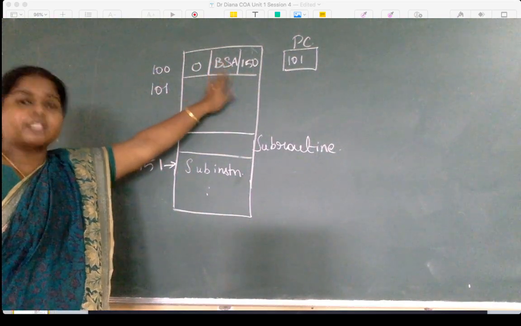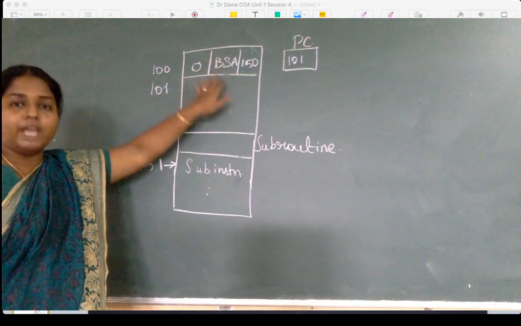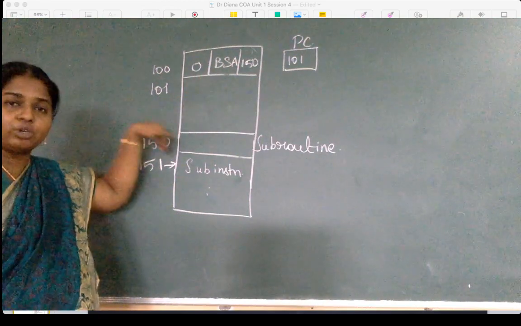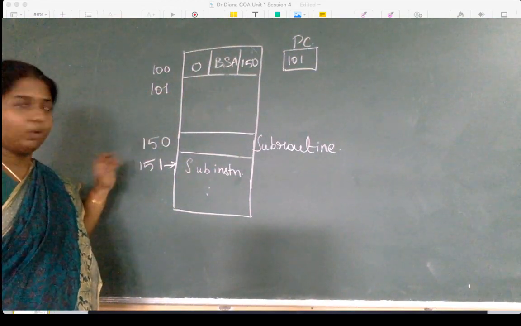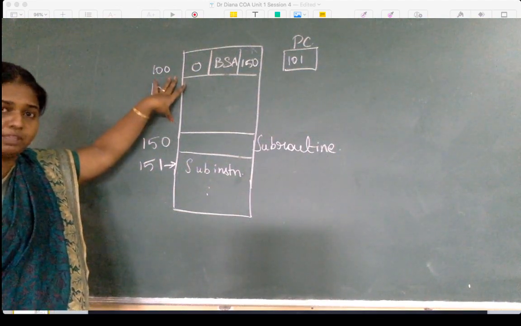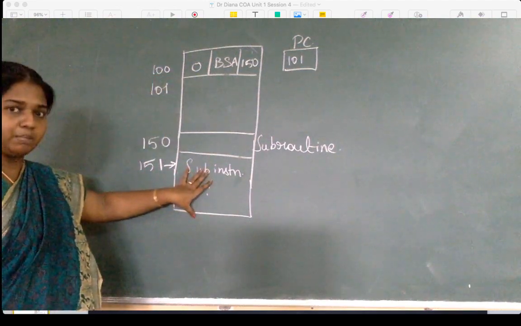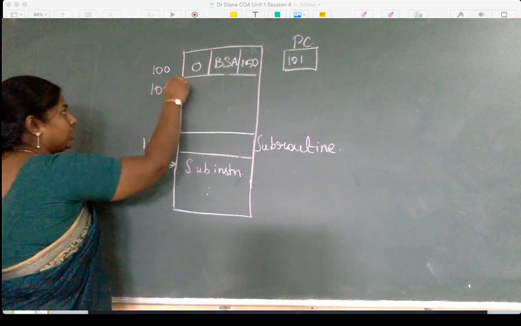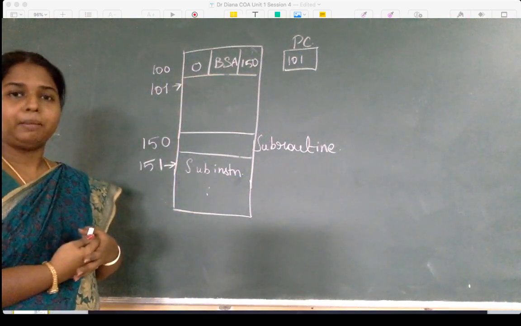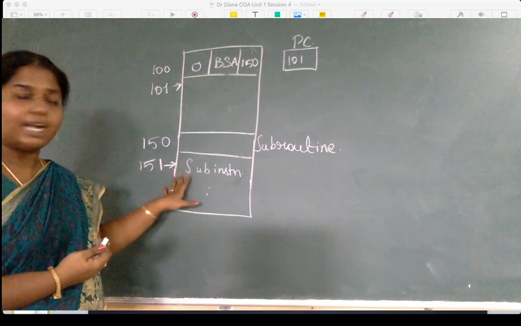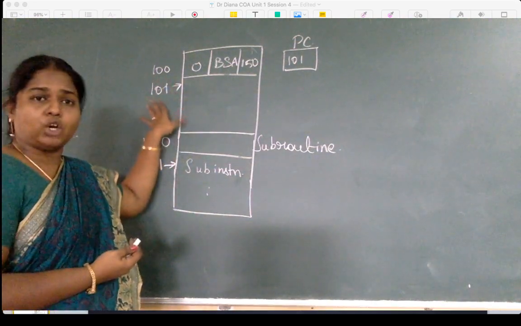The return address is the location or the address to which I should come back and start resuming my main program. So this is my main program. After completion of the subroutine, I have to come back to this 101 to resume execution of my main program. So to do that, I have to save this 101 somewhere.